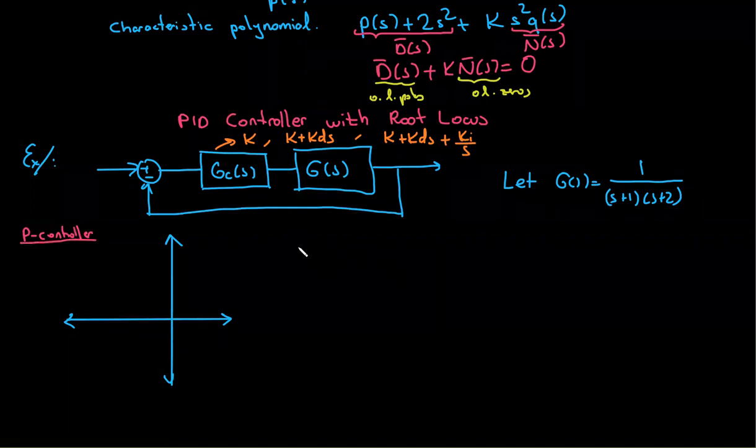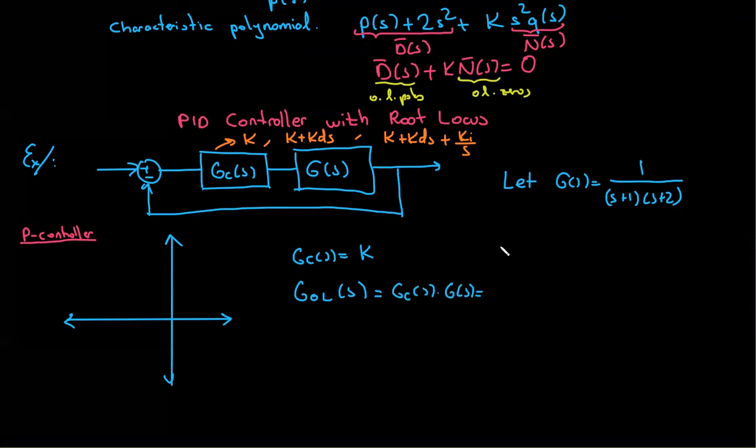In that case, this GC of S is simply equal to a single positive constant K. I can write the open loop transfer function as K times G of S, which is GC of S times G of S, equal to K times 1 over S plus 1 times S plus 2.